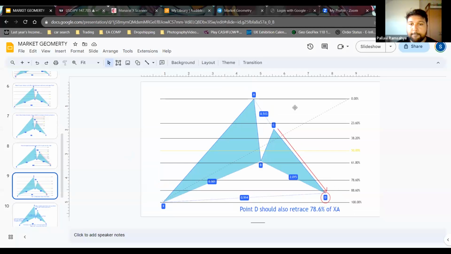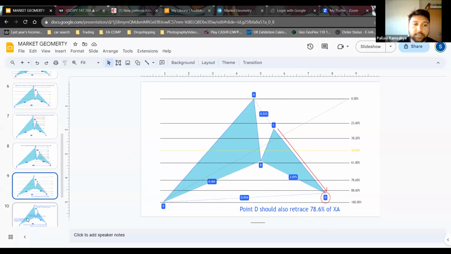So for point D, now this is a retracement. So we're moving back to retracements, okay? Again, the placement is from X to A, and then we're looking for price to retrace past 78.6%, okay? So it's past that point. So they're the two criteria for point D.